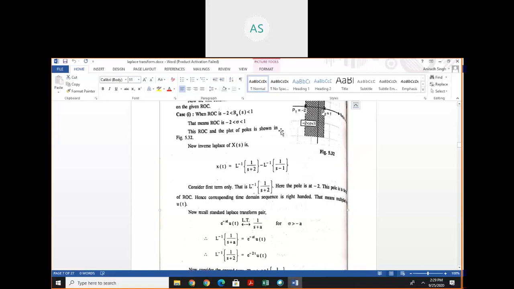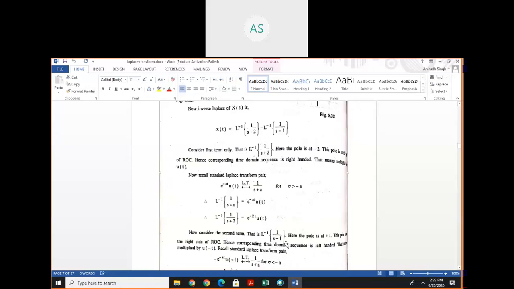So the inverse Laplace transform of 1 by (s - 1) is equal to minus e^(t)u(-t), where a is equal to -1. If we use this formula, we get the inverse Laplace transform of 1 by (s - 1).